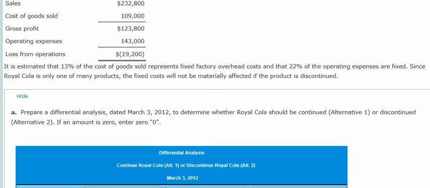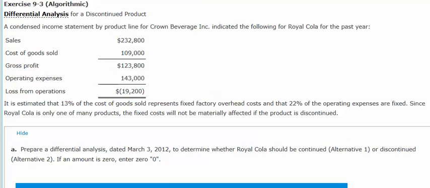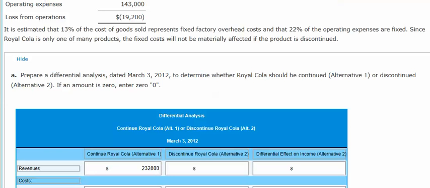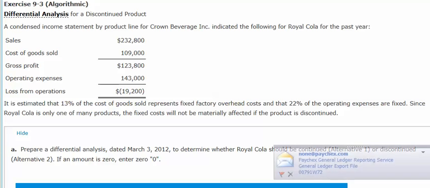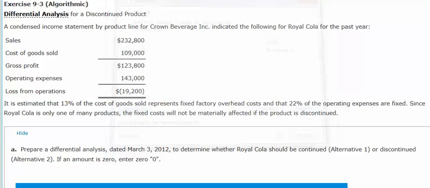So, here we go. If we continue Royal Cola, we'll go ahead and plug these numbers in, $232,800 in sales. Our variable cost of goods sold, so we've got to calculate the variable cost of goods sold, so we'll eliminate the fixed costs. It said the fixed cost was 13% of the cost of goods sold.